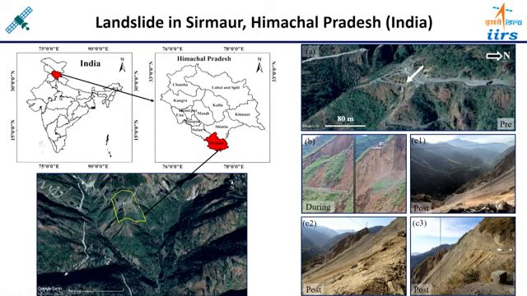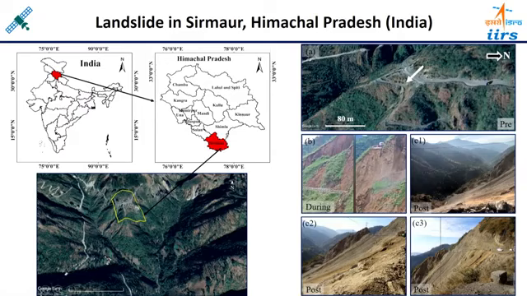Because continuous movement is happening along this national highway, you can say that before the landslide the scenario was like this, and during the landslide the pictures were captured by different media reporters. You can see this is the national highway, and a huge amount of mass moved from the top elevation to the downward side.